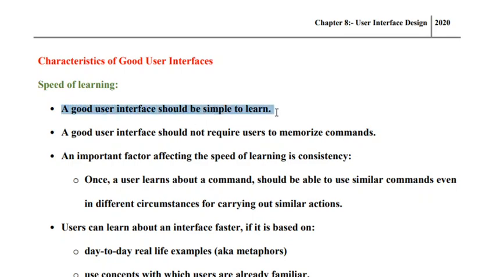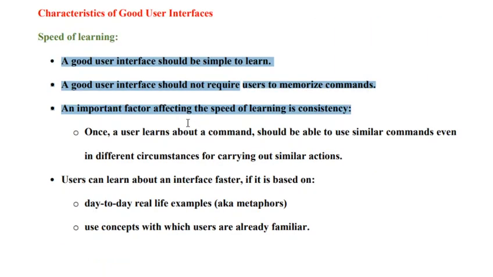It should not require the user to memorize commands. The command issue procedure should be simplified and consistent. If it is, then we do not need time for memorizing commands.